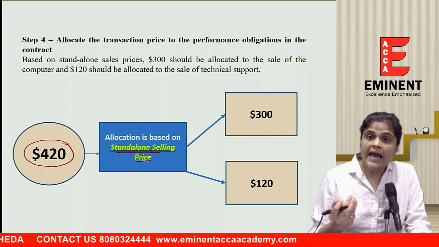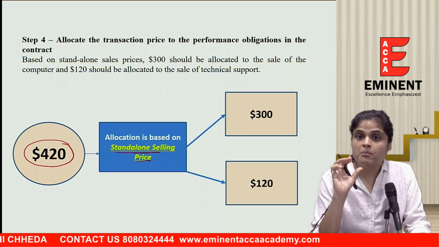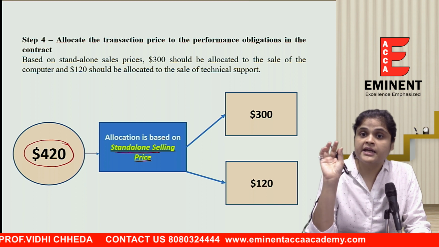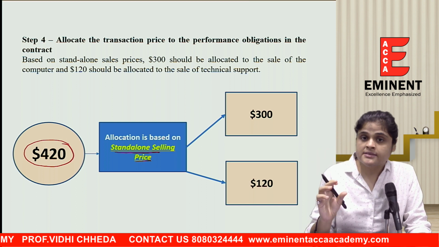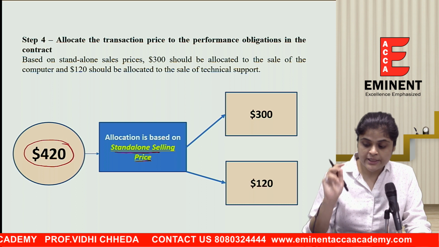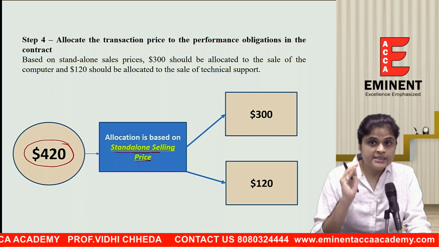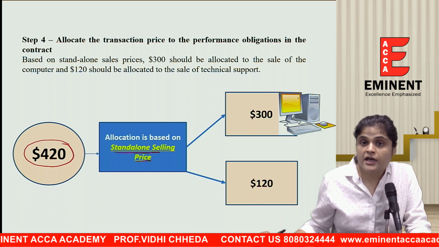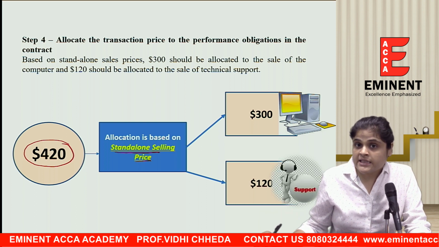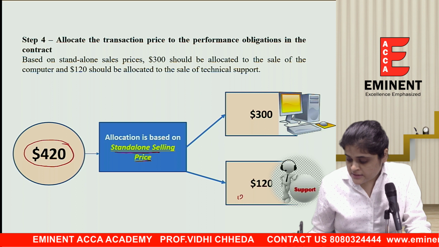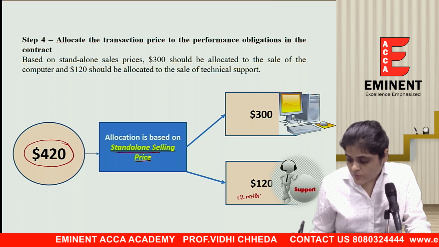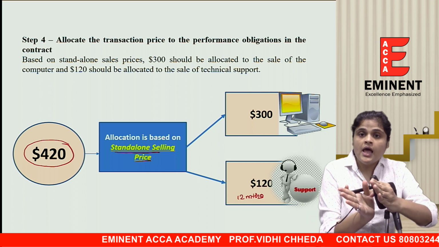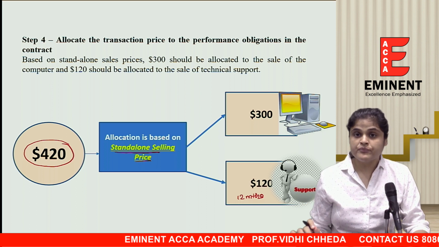Stand-alone selling price means एक्टिव मार्केट में जो मार्केट प्राइस पे ये इंडिविजुअल गुड्स या सर्विसेज मार्केट में मिलते हैं उसके बेसिस पे 420 will be allocated. In the question it is clearly given that the computer is available for $300 and the technical support for all the 12 months is available for $120. So this is how we will allocate 420.